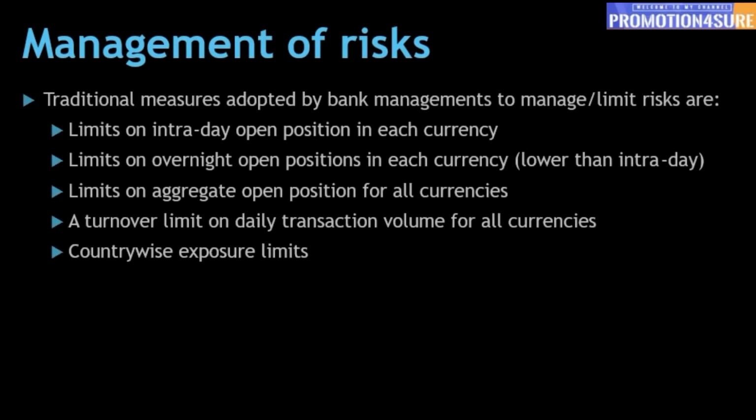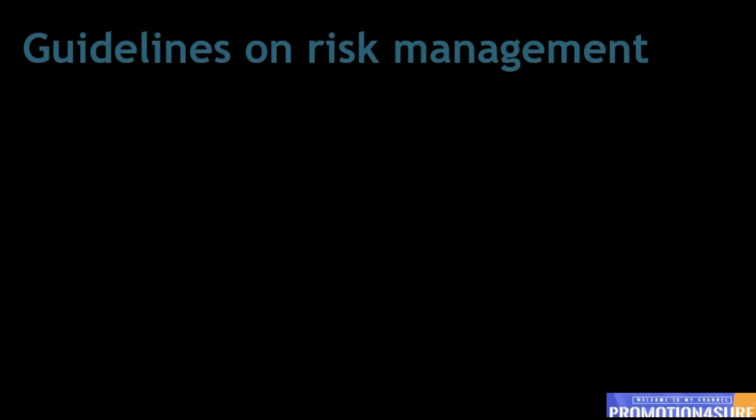Now, if we talk about management of risk, traditional measures adopted by bank management to manage risk are limits: limits on intraday open position in each currency, limits on overnight open position in each currency, limits on aggregate open position for all currencies, a turnover limit on daily transaction volume for all currencies, and country-wise exposure limits.